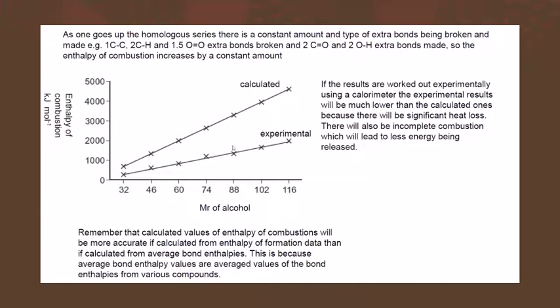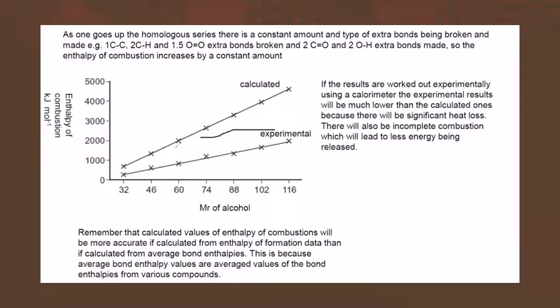Practically, the practical values and the experimental values, as you can see clearly in this one: when we go along the homologous series, a constant amount or type of extra bond is broken. If the results are worked out experimentally using a calorimeter, the experimental results are much lower.